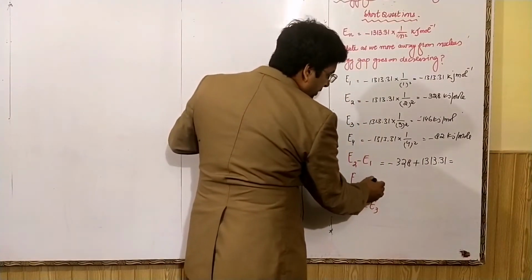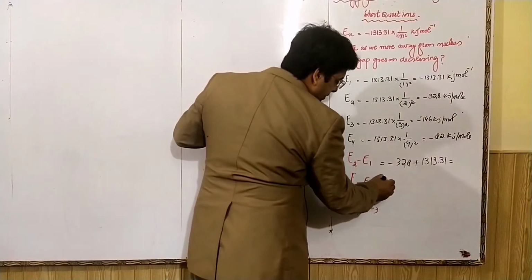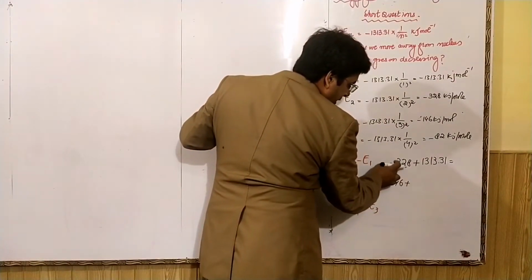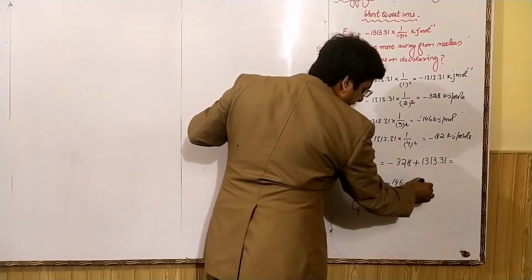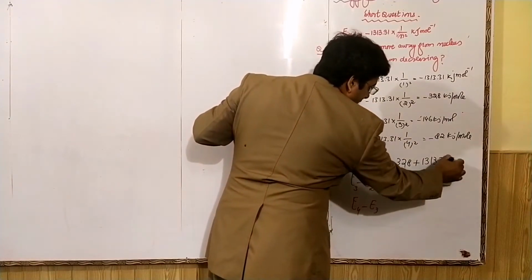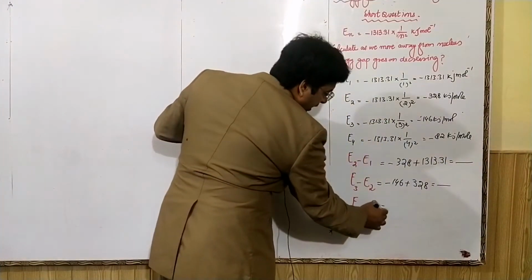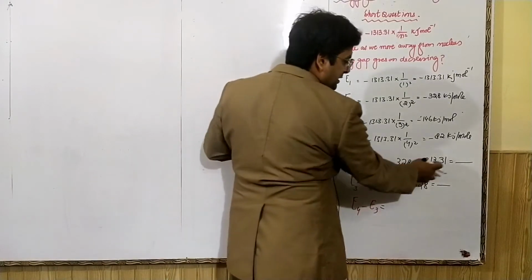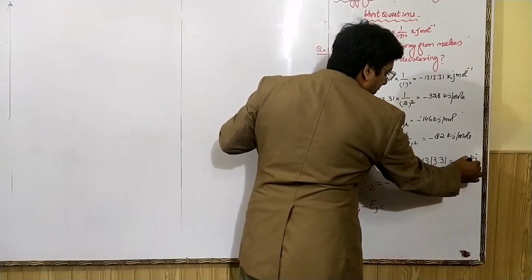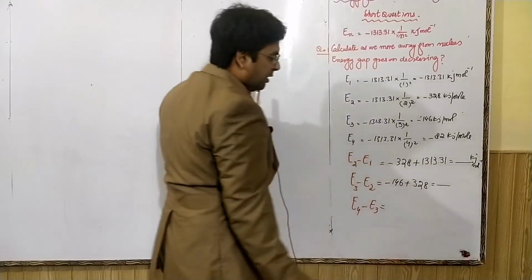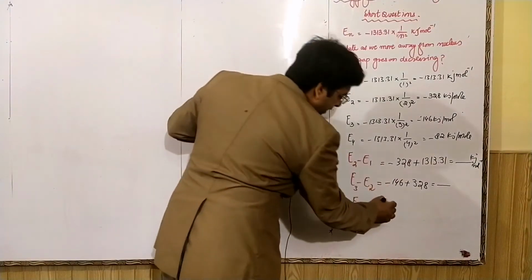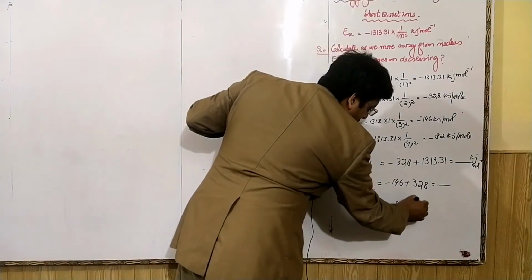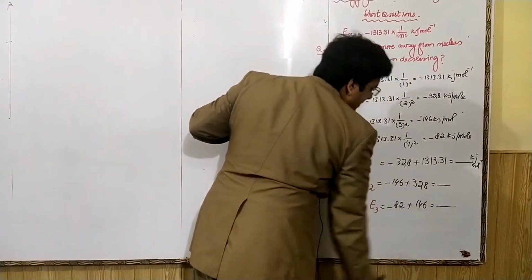E3 would be minus 146, minus E2 would be plus 328. This would be the difference. Calculate the energy of E4, and calculate the answer in kilojoule per mole. Now, E4 minus E3: E4 is minus 82, minus plus 146, calculate this difference.